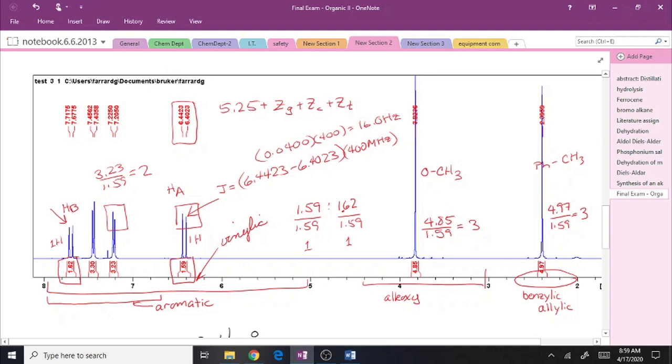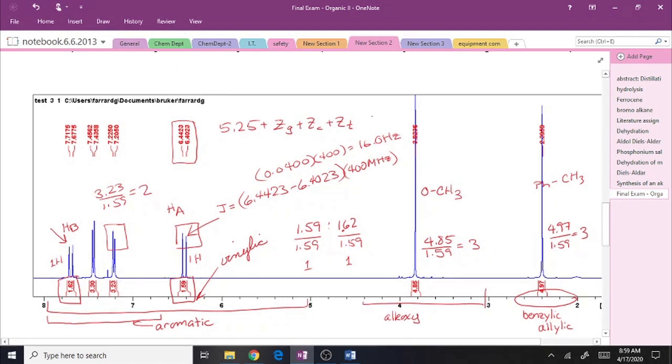And you should recognize that this is a trans coupling. Remember, trans coupling constants are in the range of roughly 14 to 18 hertz, and that is solidly in the middle. And of course, cis couplings are typically about 8 to 13 hertz.